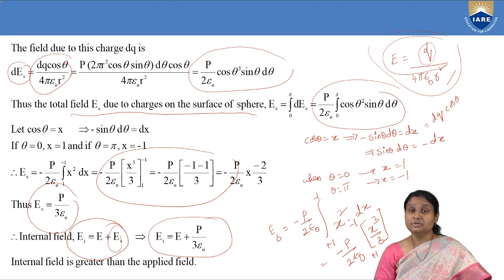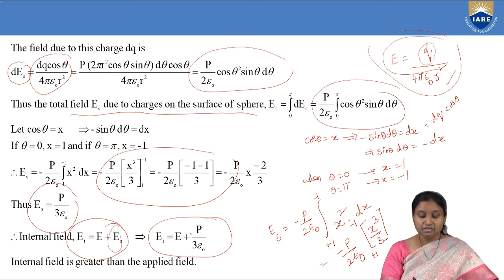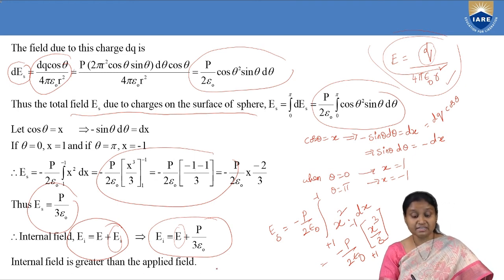The internal field is the sum of electric fields due to various sets of dipoles which are found inside the dielectric material. And here, of course, as you can see, this is our applied electric field. So our internal field comes out to be the applied electric field plus P by 3 epsilon naught. It means that our internal field is greater than the applied electric field.